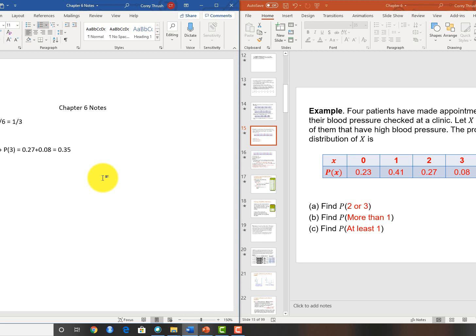Probability of more than 1, so I'm going to put greater than 1. Well, there's two ways to do this.